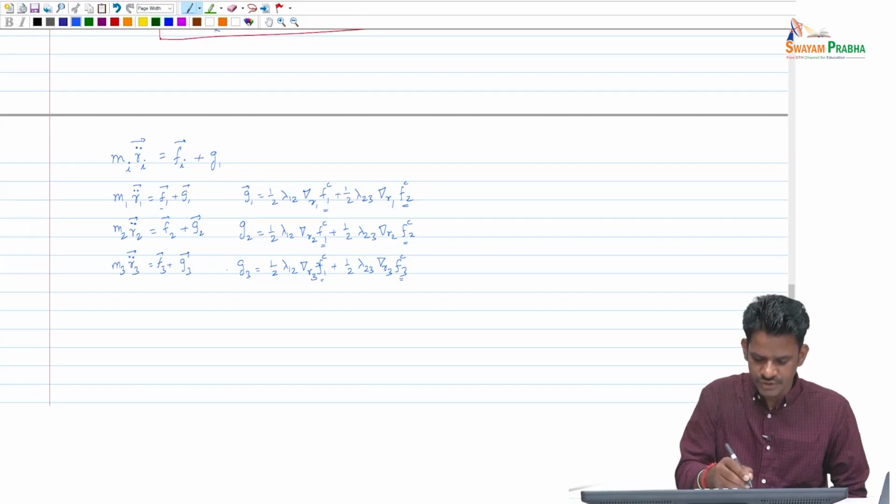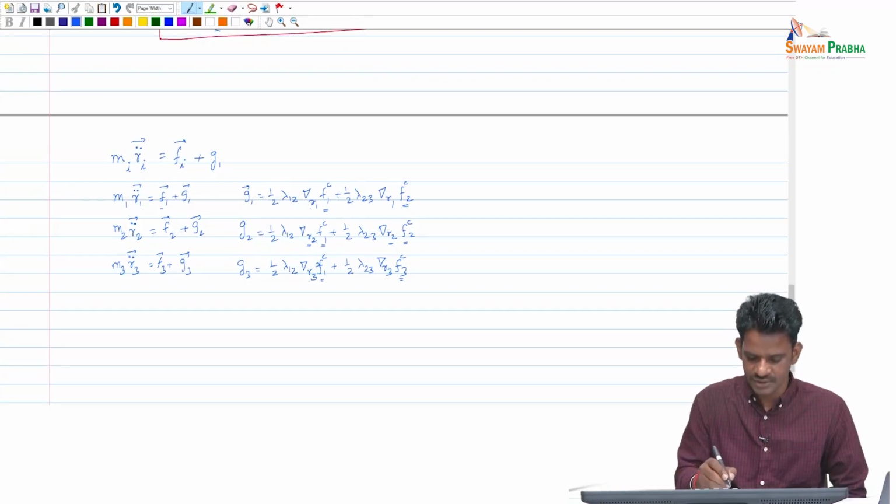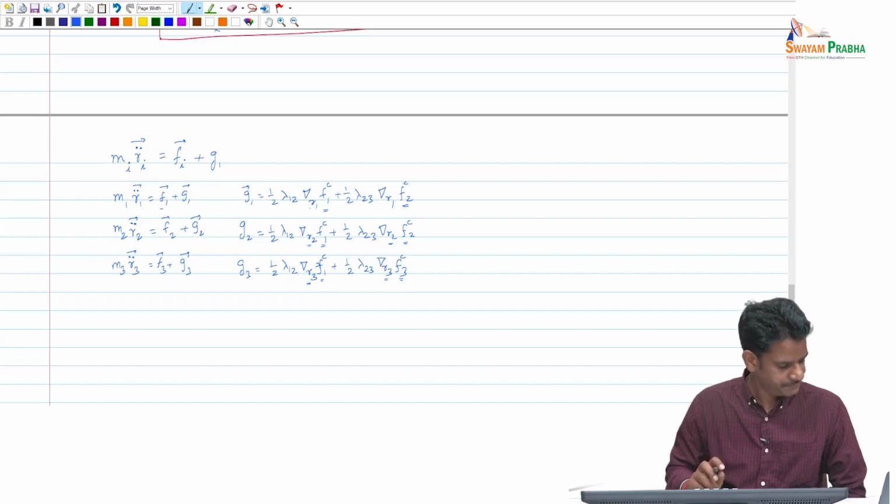And the G1, G2, G3, they all depend on the derivative of these constraint functions with respect to R1, which is the position vector for the first hydrogen. And for this G2, we get the derivative with respect to R2, which is the position vector for oxygen. Similarly, G3 involves the positional derivative of the constraint functions with respect to the second hydrogen atom.